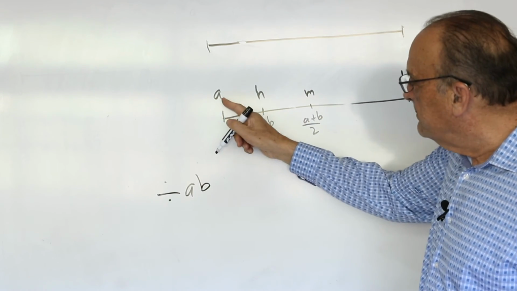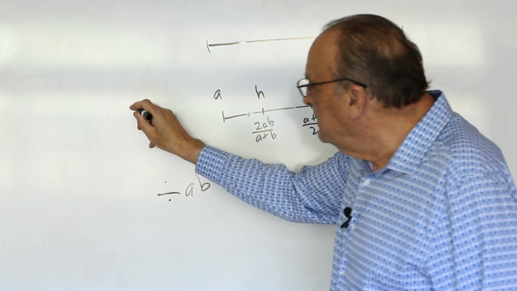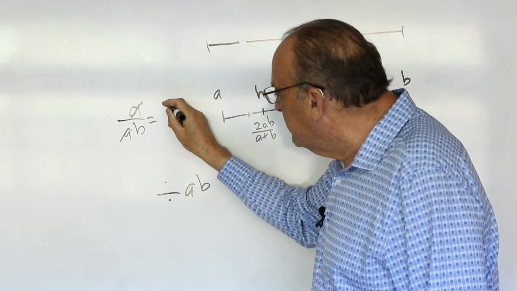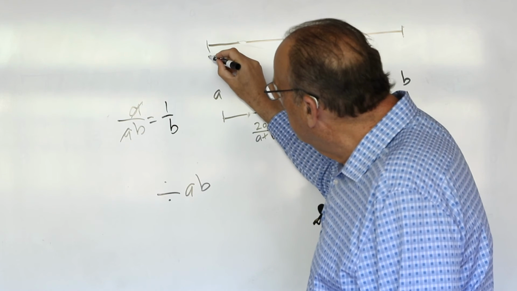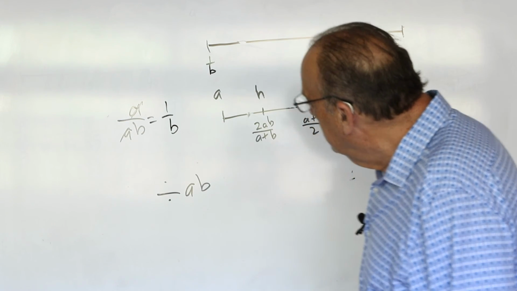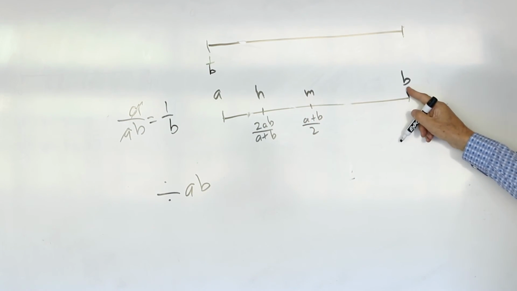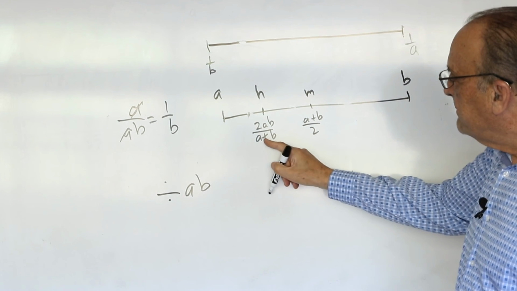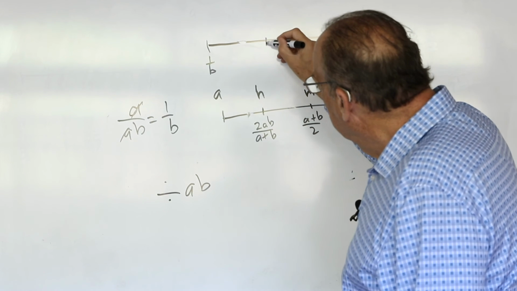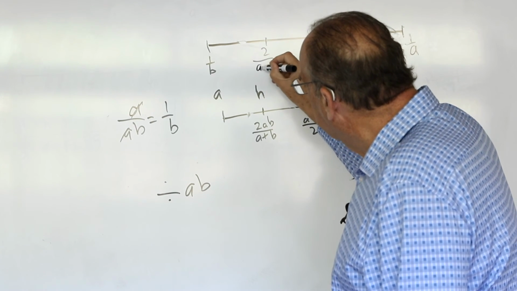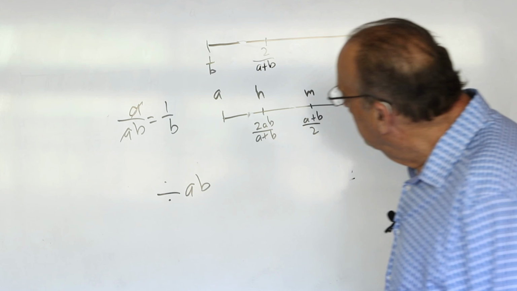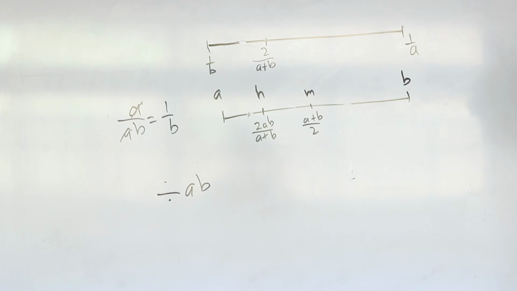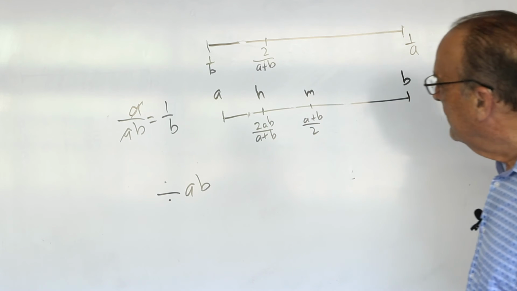So when you divide this by AB, A divided by AB, the A's cancel and you get 1 over B. So 1 over B goes here. And when you divide this by AB, you'll get 1 over A. When you divide this by AB, you'll get 2 over A plus B, which is the reciprocal of the arithmetic mean.